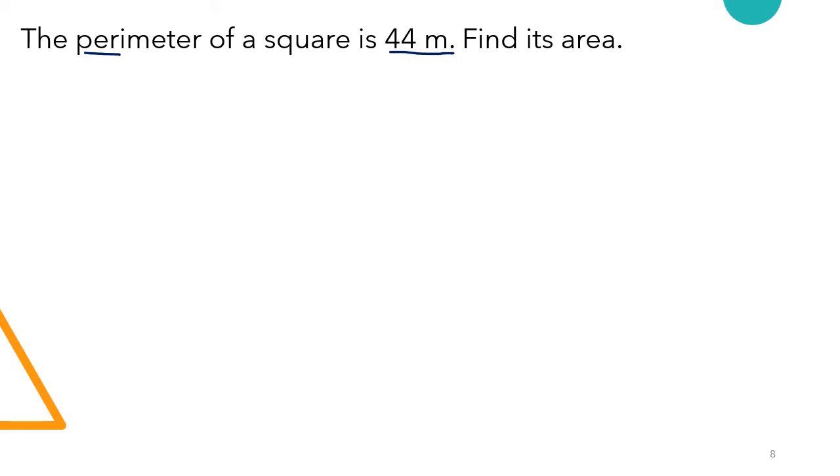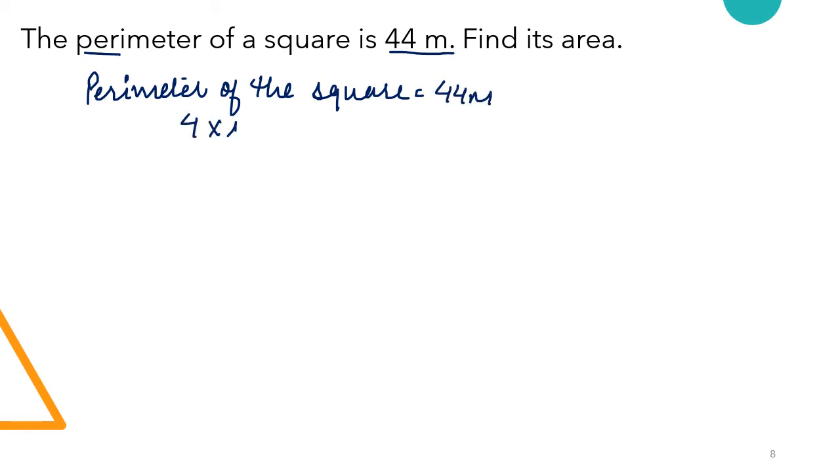Now the perimeter of the square is equal to 44 meter. We know that the perimeter of a square is equal to 4 into side. It is the formula for perimeter, 4 multiplied by side. So 4 times side is 44 meter. So the side of the square will be 44 meter divided by 4, which will be 11 meter.